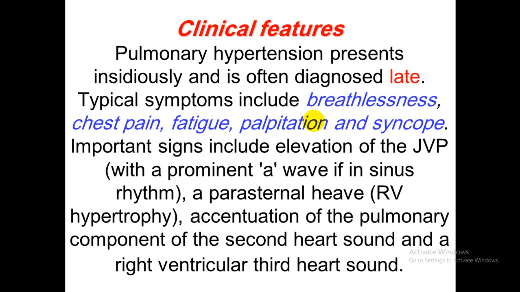Clinically, what are the clinical features of a patient with pulmonary hypertension? Most patients with pulmonary hypertension are diagnosed at the end stage or lately. Why? Because these manifestations are mixed with other diseases like asthma or hysteria or some conditions like anemia and so on, like dyspnea, chest pain, fatigue, palpitation, syncope.